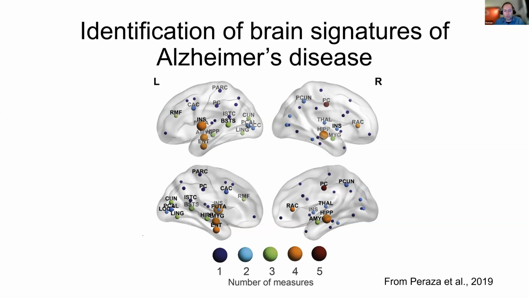And what this allowed us to do is also that we could identify signatures of the brain of people with Alzheimer's disease. Because we had this network approach, we could quantify those particular signatures of those networks which associated strongly with Alzheimer's disease type of brain connectivity matrices.